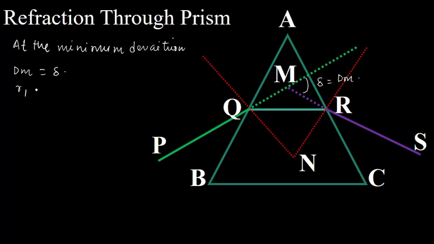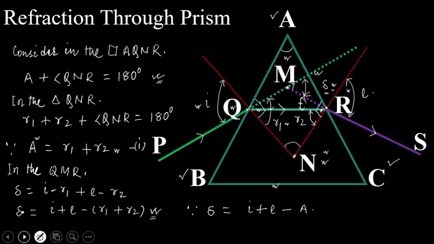R1 will be equal to R2. I will be equal to E. So we recall here, A equal to R1 plus R2 and delta equal to I plus E minus A. So first of all we write down this one.